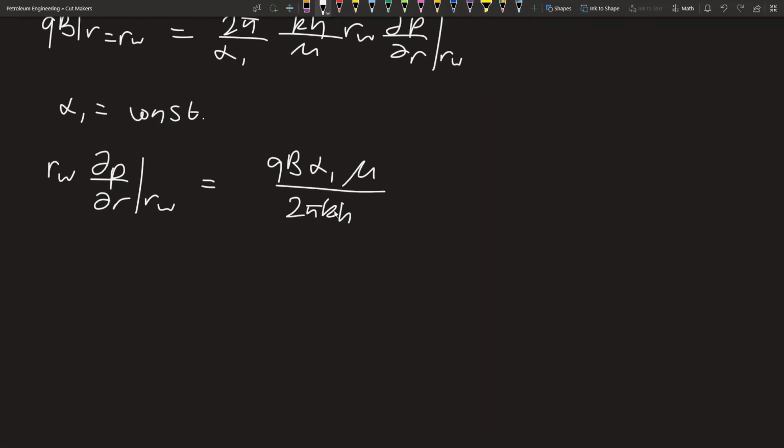Now what we're going to do is we actually have two non-dimensionless terms here, dou P and dou R. So we're going to substitute the dimensionless definitions for those, and we'll get this bad boy over here.